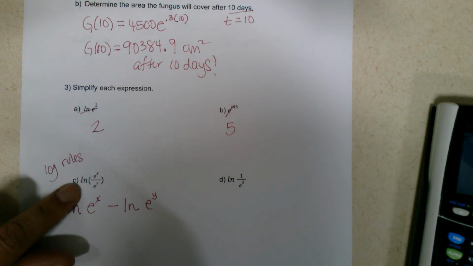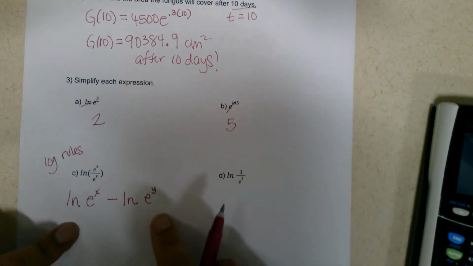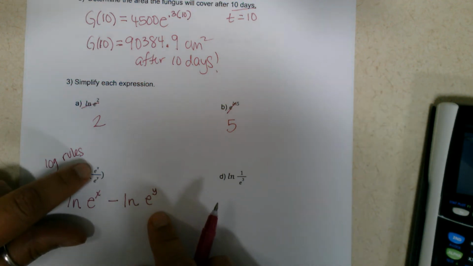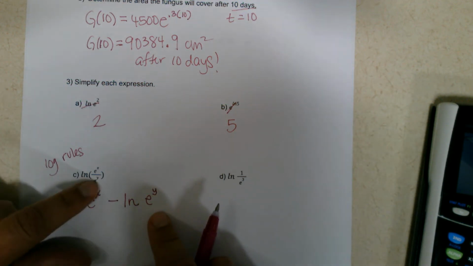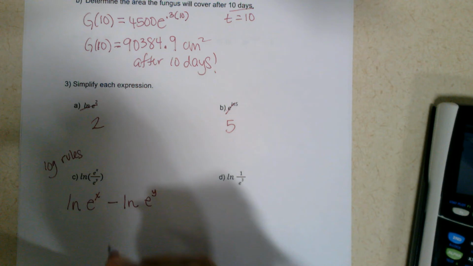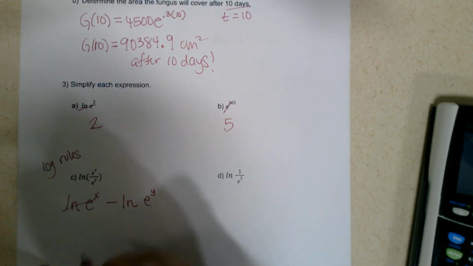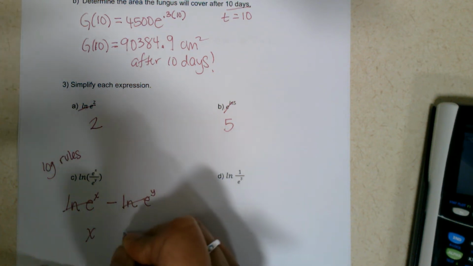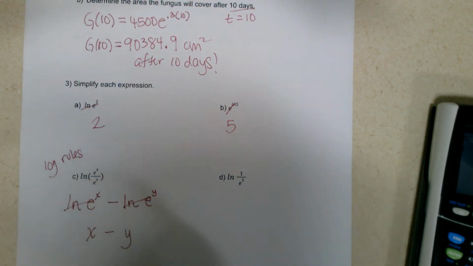So it was in the compact version, and we have to expand it out. We have to give the e in the numerator a natural log and the e in the denominator a natural log. Then we can cancel out the ln and the e. We're left with x. We can cancel out the ln and the e. We're left with y. And we originally were subtracting.